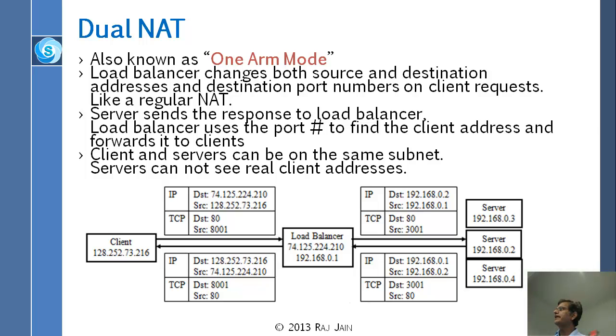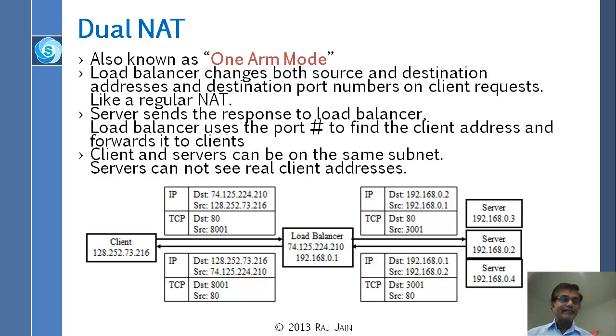Let's say everything is 192, but when we are declaring the address of this server, we are not publishing these addresses. We are putting 0.1. That is the VIP, virtual IP. So all the clients will come here, from here they will go to different servers, and then they will come back here and go back to all the clients. So this works inside a single subnet.